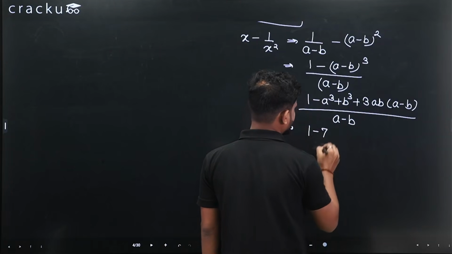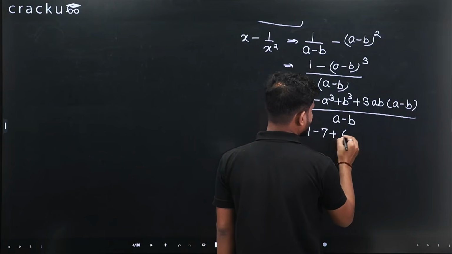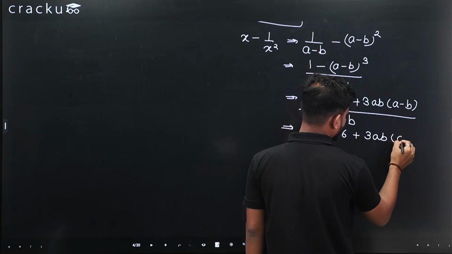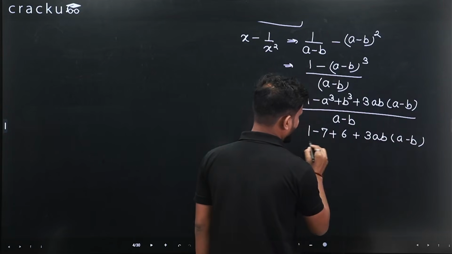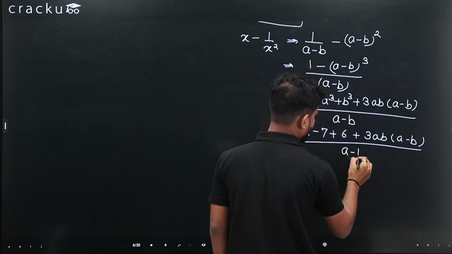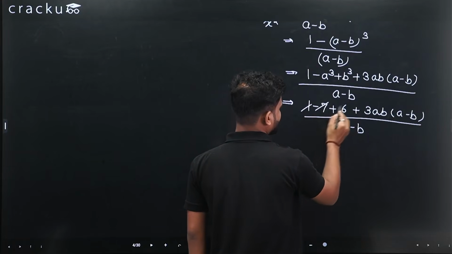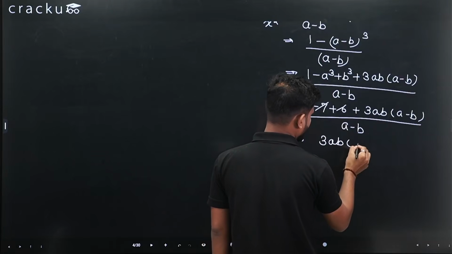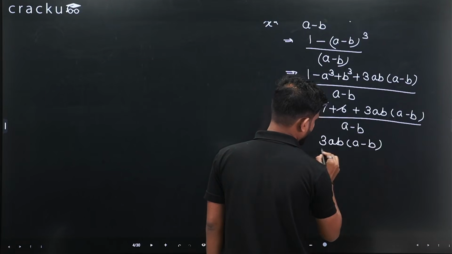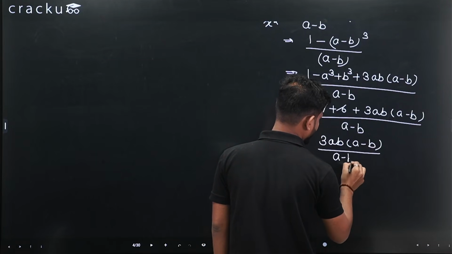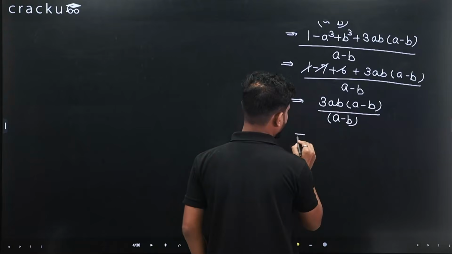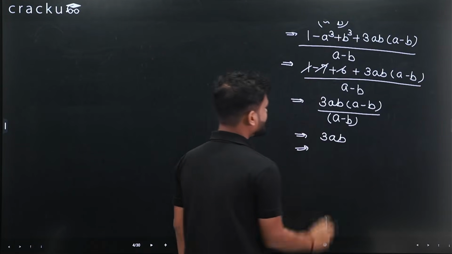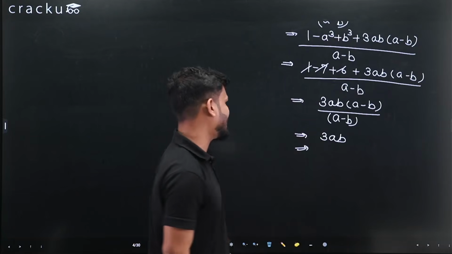A cube is 7, B cube is 6, plus 3AB into (A minus B) upon A minus B. This gets cancelled. From here we get 3AB into (A minus B) upon A minus B, or from here we get 3AB, right? So we need to find the value of 3AB.